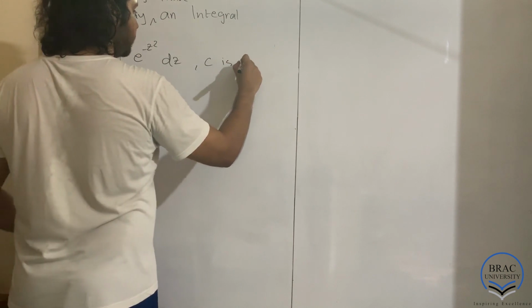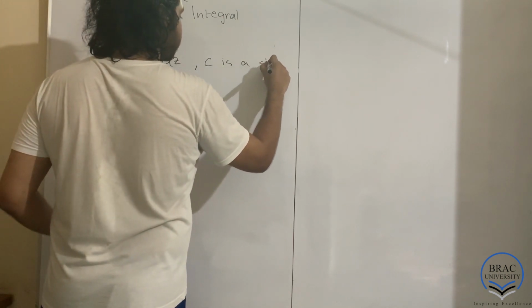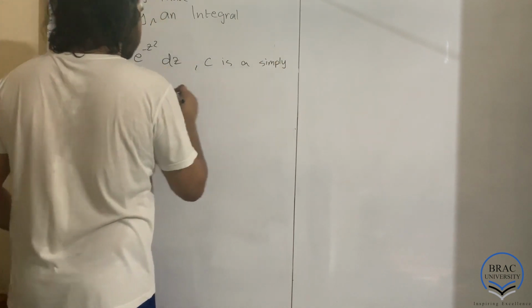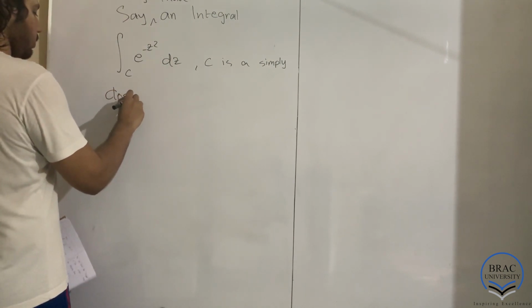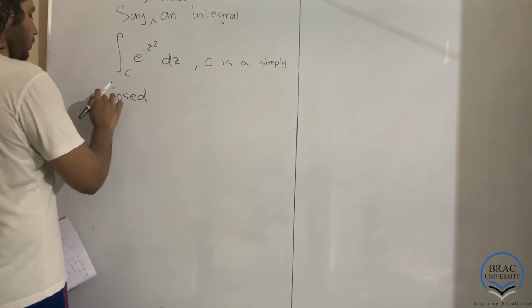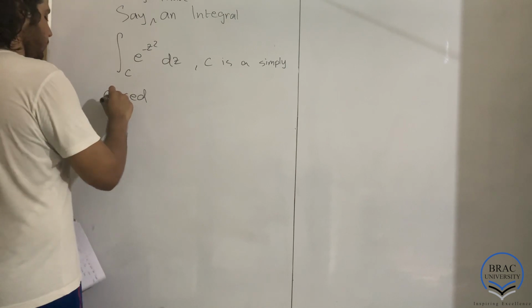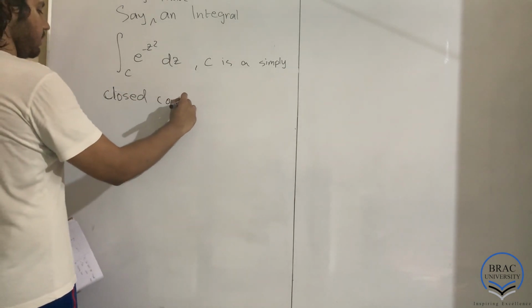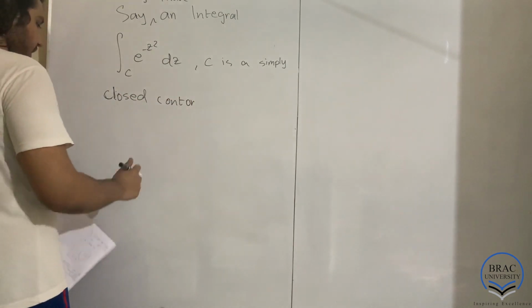C is a simple closed contour, and it looks like this.